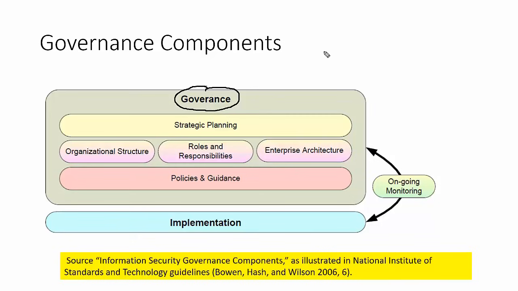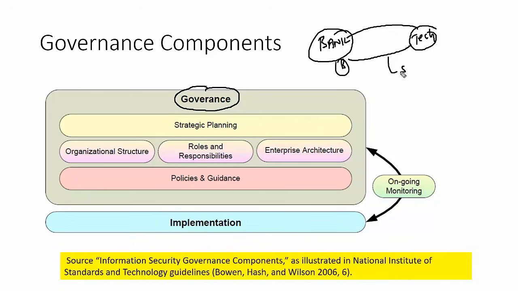Now let's take an example. I want to start a business. I want to start a banking business, and to support the banking and do expansion in the banking, I need technology. But how is the technology linked with the bank, how is the technology linked with the business? We need a strategy.